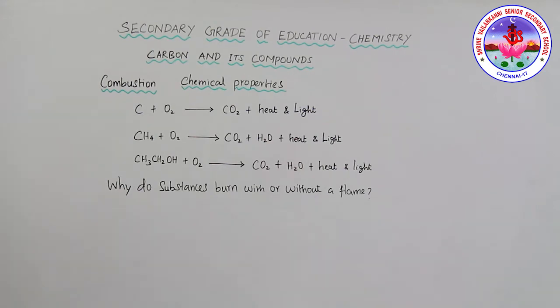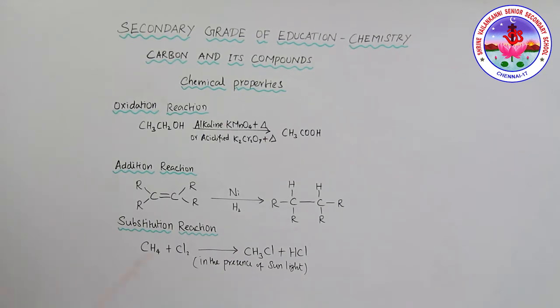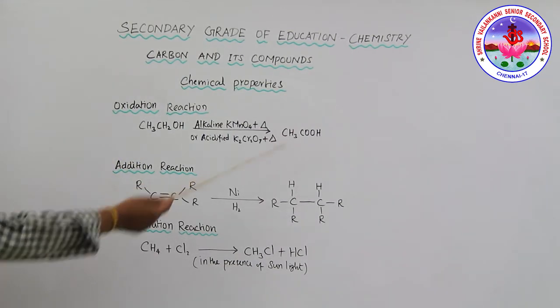Okay, next is the oxidation reaction. We already saw that oxidation is the addition of oxygen or the removal of hydrogen. Here the oxidation reaction means that alcohol gets oxidized to carboxylic acid.